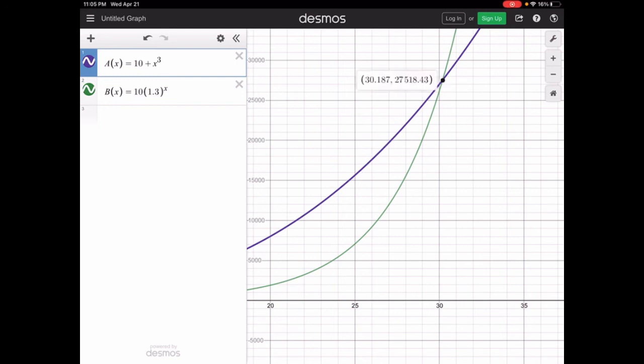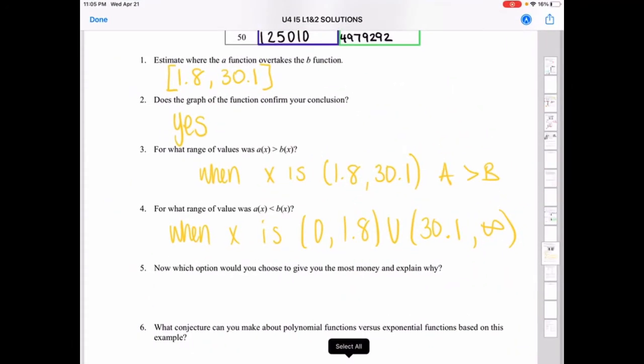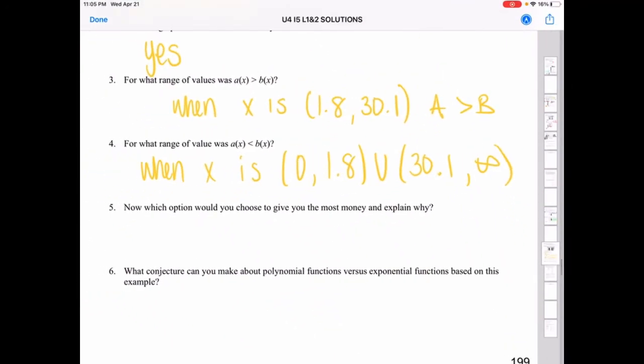So when x is equal to any number greater than 30.187, that's when B starts increasing again, and it's greater than A. And that continues for the rest of the function. That's why I put infinity. So 0 to 1.8 and then 30.1 to infinity, that's when B is greater than A.